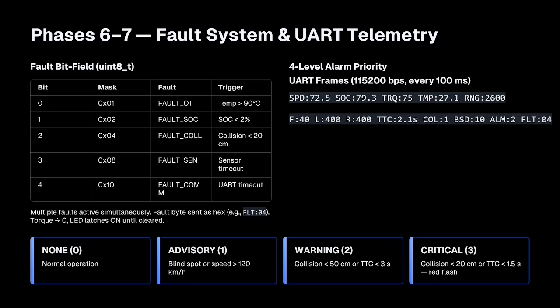If the SOC, state of charge of the system, is less than 2%, the SOC fault is flagged, which uses 0x02. Then 0x04 is the collision warning, flagged when the distance to the front vehicle is less than 20 centimeters. It also includes a sensor fault or a timeout.